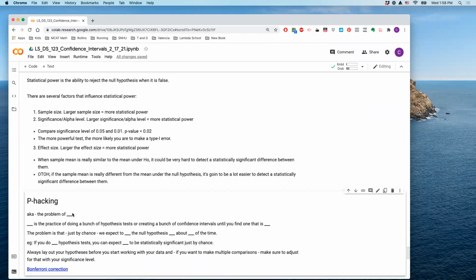So the bigger the difference between what you propose under the null hypothesis and what you actually see in your sample, the more power your test is going to have.